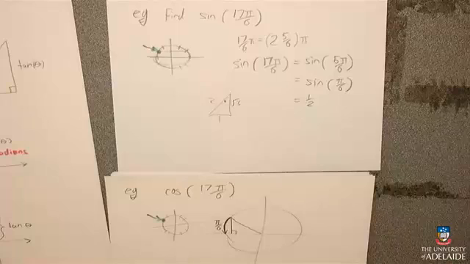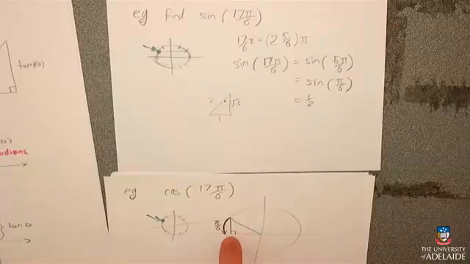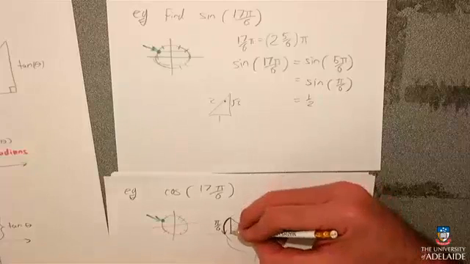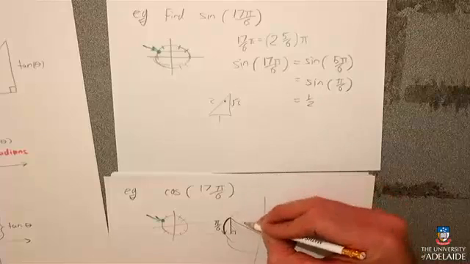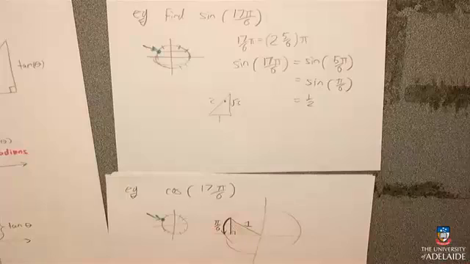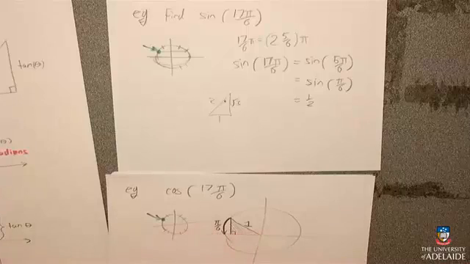And that means that this length must be cos of pi on 6. Because this triangle just here has a hypotenuse of 1, it always has 1 if it's in the unit circle, and the angle is pi on 6. And so the height must be sine of pi on 6, and this must be cos of pi on 6.